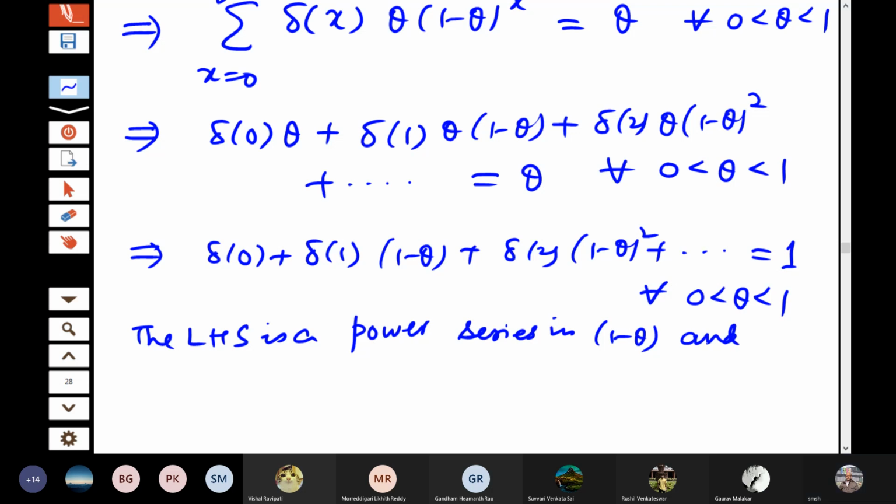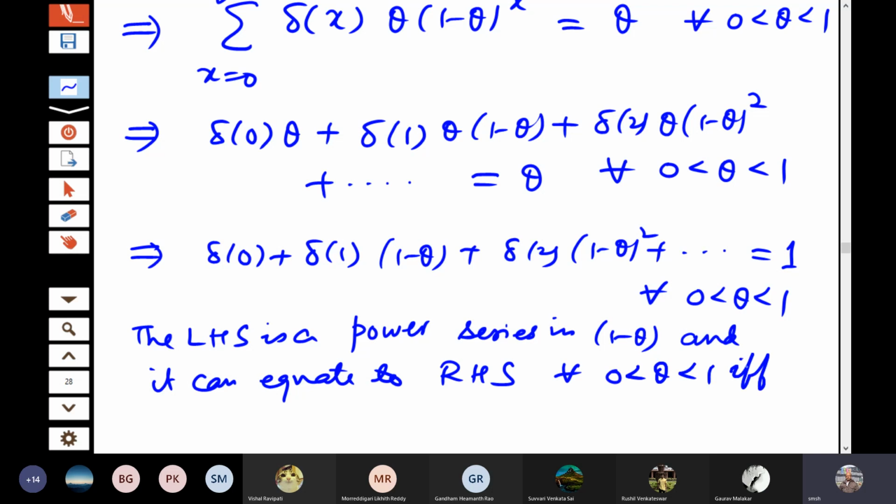And it can equal the right hand side for all theta if and only if all coefficients match. Okay.